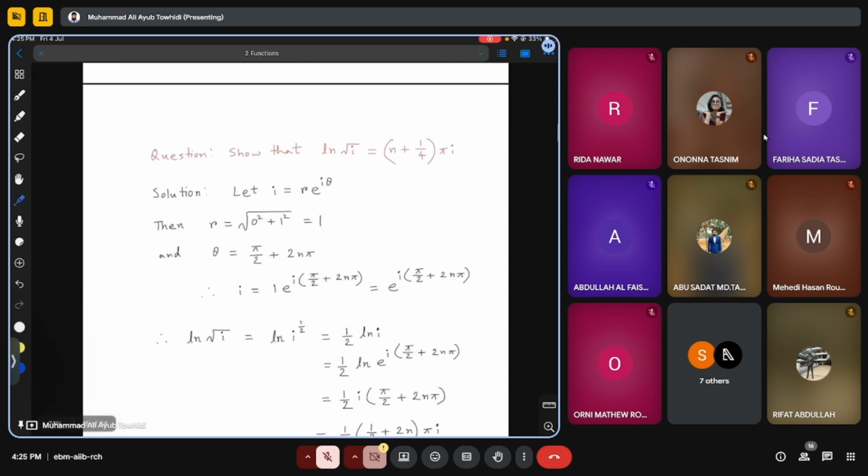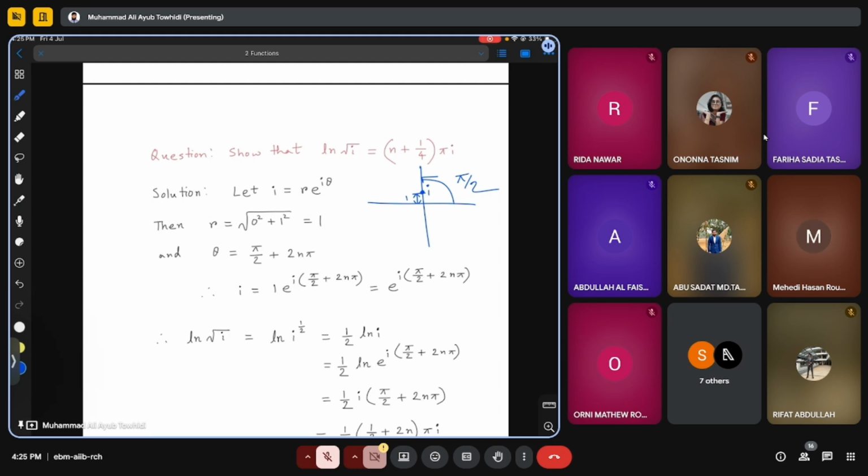For example, in this case, root i. So let's take i into the polar form, r e to the power i theta. Then what will be r? r will be 1. The modulus of i is 1. If you look at the graph, i is here, so the distance is 1, and the angle is pi by 2, 90 degrees.